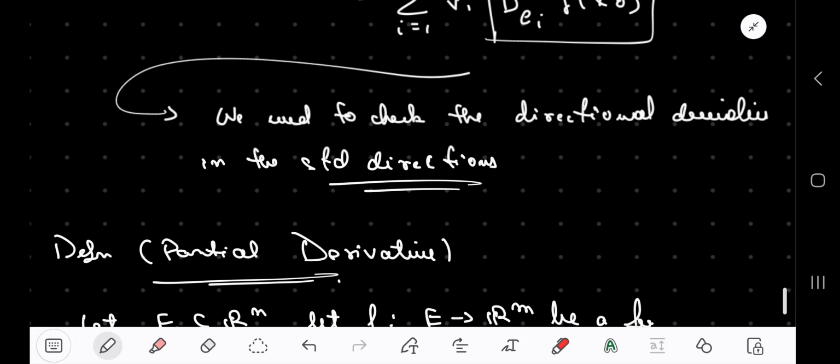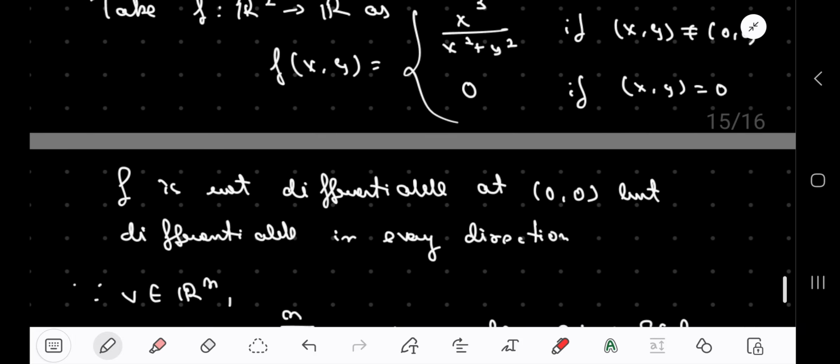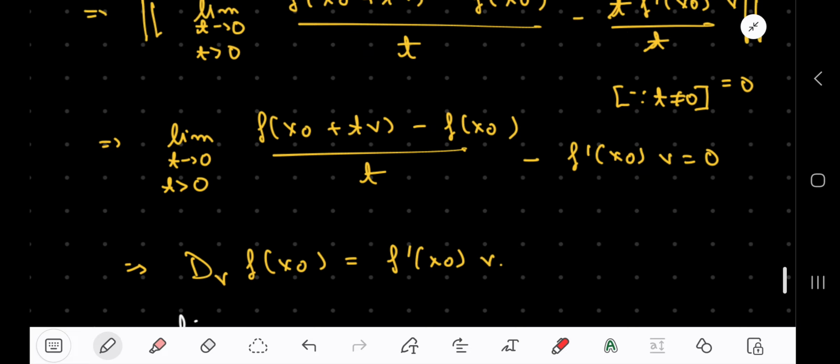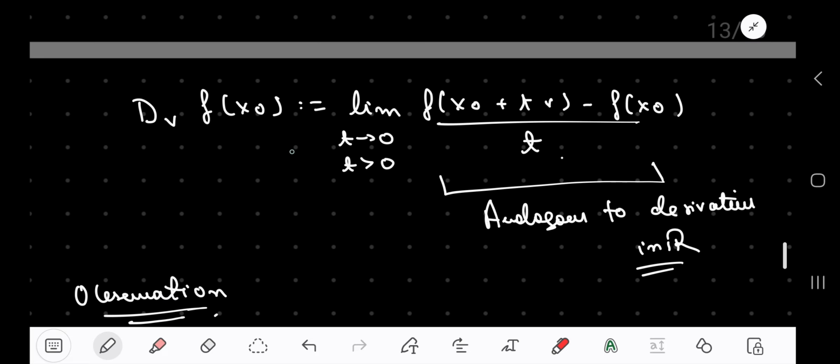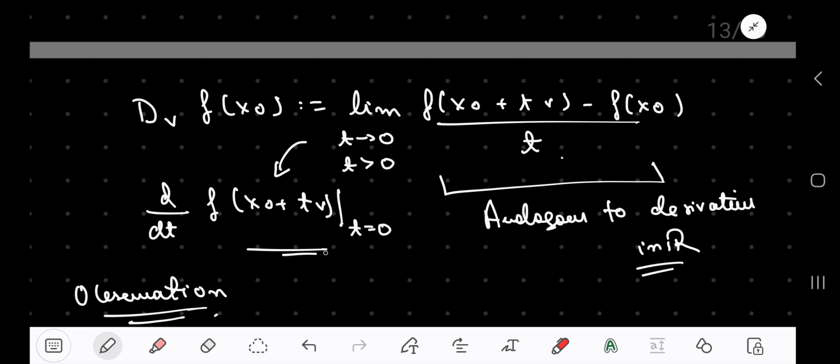Okay, one thing I missed out here in order to make things a bit more clear. Let me go back. So you can observe that this is nothing but the standard derivative which we use of f at x naught plus tv, applied when t is equals to 0, right?